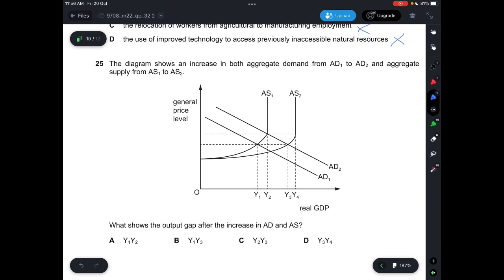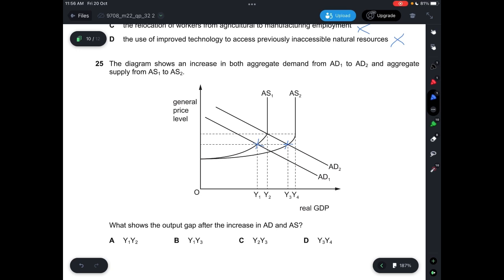Question 25, the diagram shows an increase in both aggregate demand from AD1 to AD2 and aggregate supply from AS1 to AS2, and which shows the output gap after the increase in AD and AS. So initially it's AD1 and AS1, which is Y1. Okay, and then it moves on to AS2 and AD2, which is at Y3, right?